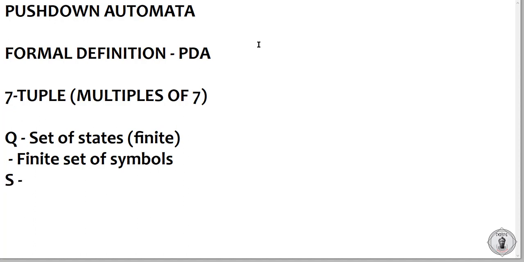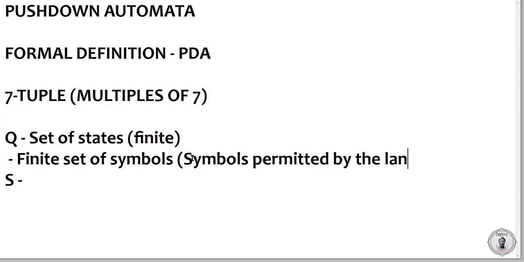The difference between the symbol here and the symbol here is that the symbols here are symbols of the language itself, symbols permitted by the language. Let's say the English language, for instance.